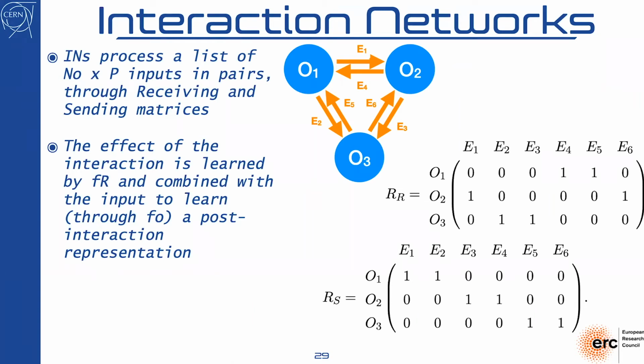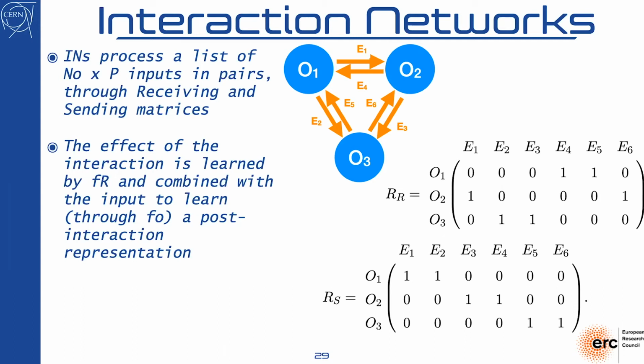The entries of this matrix are zeros or 1. They are zeros everywhere except, in the case of the receiver matrix, for the row of the object that received a given message carried by a given link.